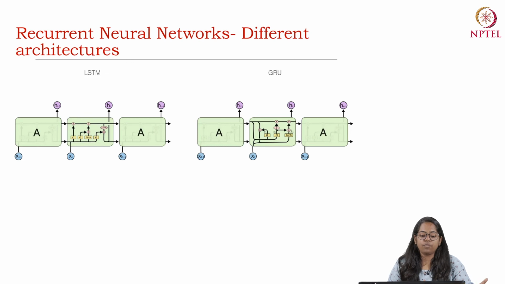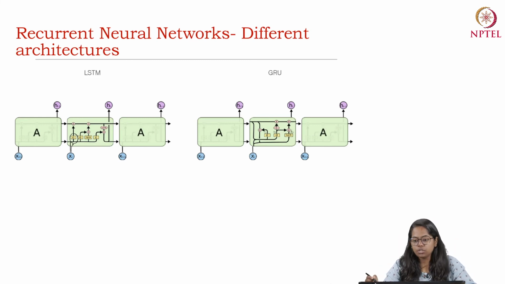LSTM is short for long short-term memory, and here we have multiple gates where new information is being learned or stored, and another kind of information, the useless information, is being forgotten, and new essential information is being added to our knowledge base, and then it performs some kind of processing based on these different gates.